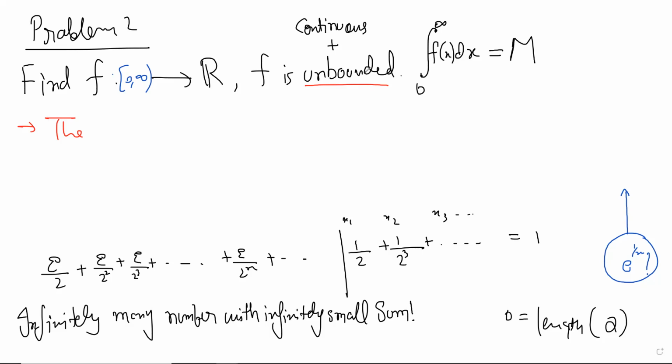It attains a big value but comes down quickly, then a bigger value but comes down even more quickly. Something like this. Now you have to think.